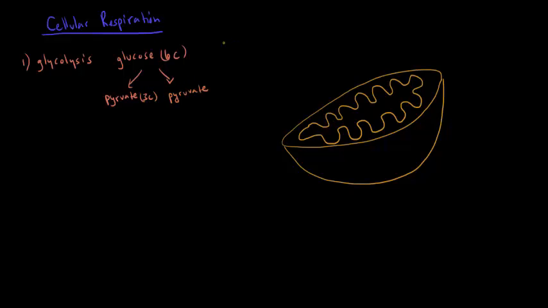Glycolysis actually does not happen in the mitochondria. It's the only step of cellular respiration that happens in the cytoplasm. The next step of cellular respiration is what's known as the PDC, or the pyruvate dehydrogenase complex.